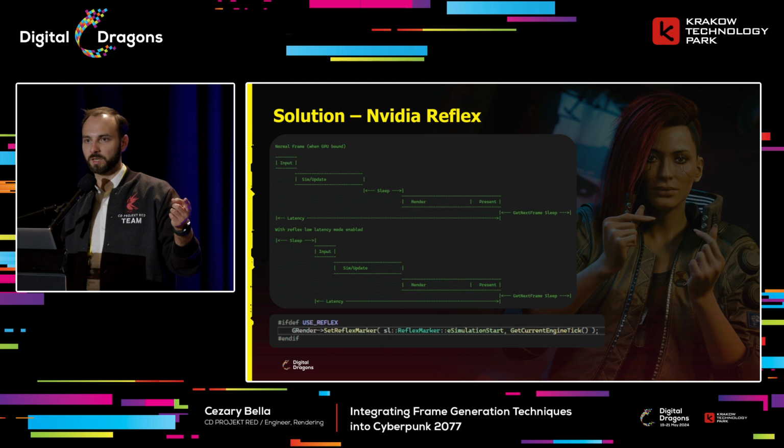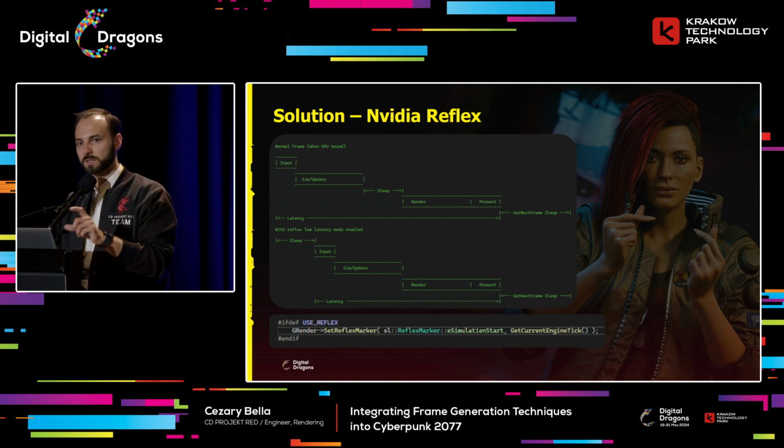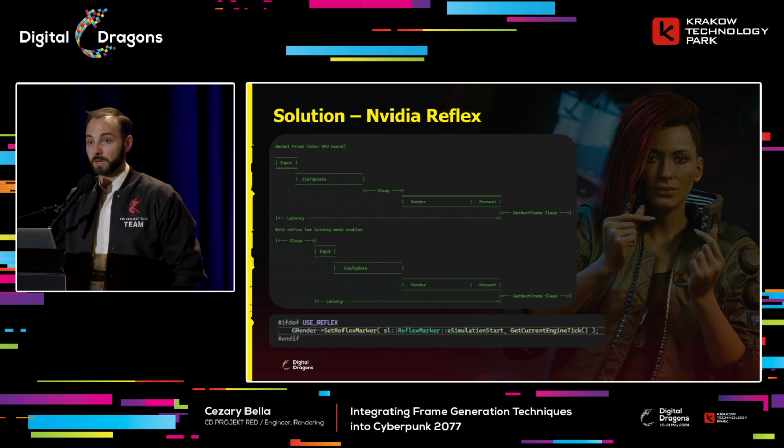In here we're querying the input, and in here we're not querying the input anymore. And then there's our present, and then there's our render start, and then the render end. So there's basically a couple of those enums that we can specify throughout our engine in order to tell Reflex that here are all the bits and pieces that you need to shuffle around in order to mitigate the higher input latency.